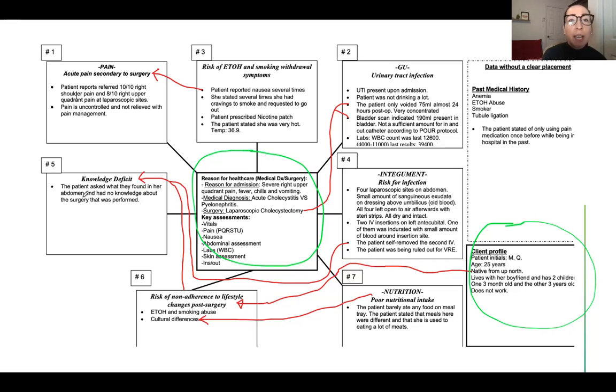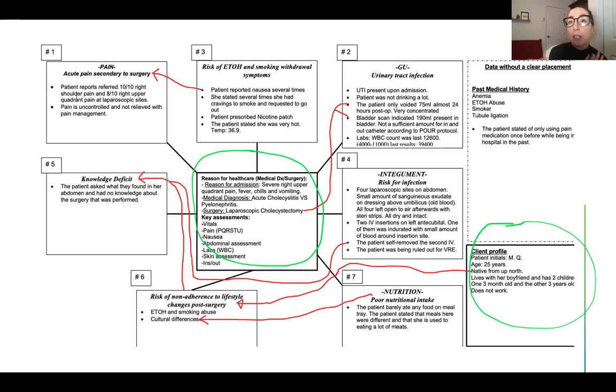If you look at all the boxes that fan out of the central box, which is just a basic description of your patient, you have different health issues, or problems. You have acute pain secondary to surgery. You have risk of alcohol, or ETOH, withdrawal symptoms.